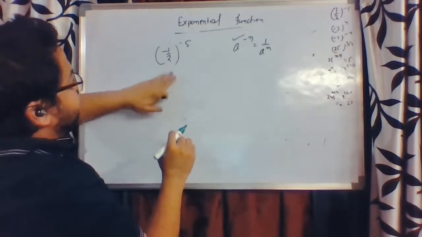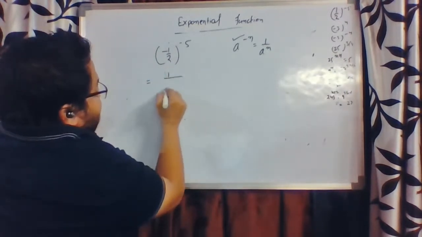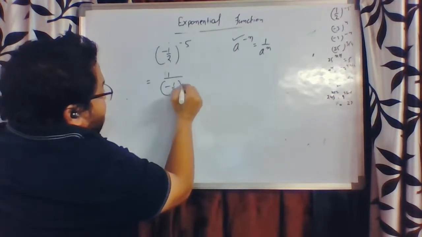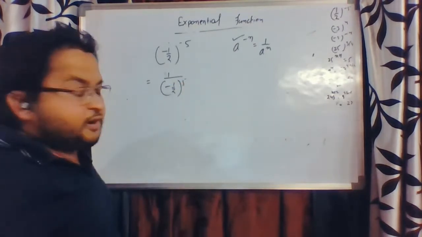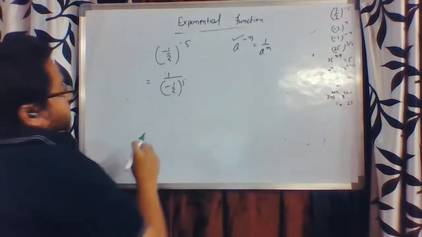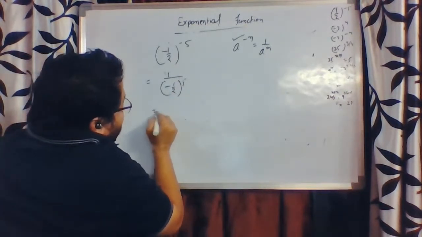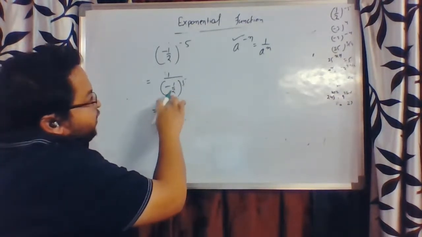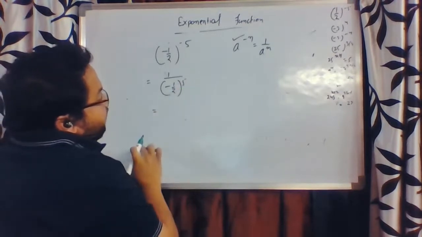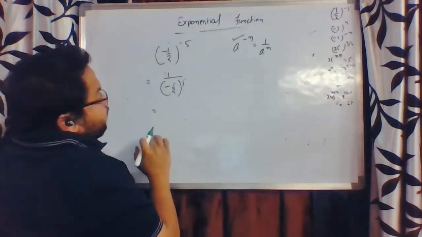1 by minus half to the power 5. Very simple. Now, a negative number raised to power 5, so obviously the answer would be negative.